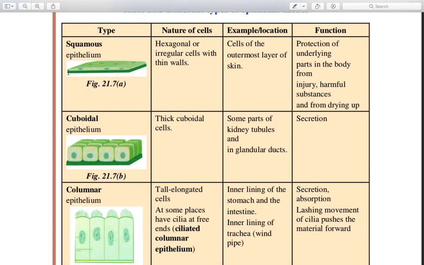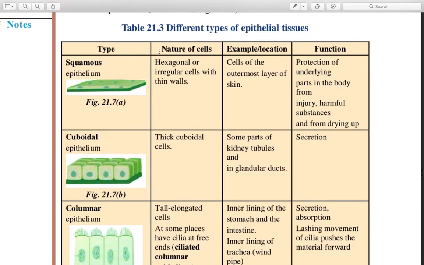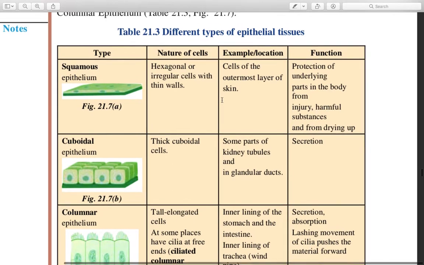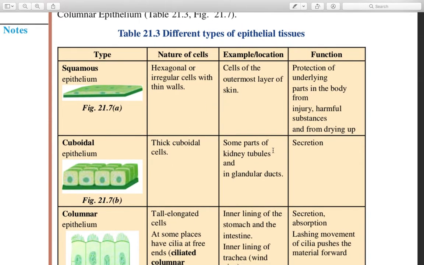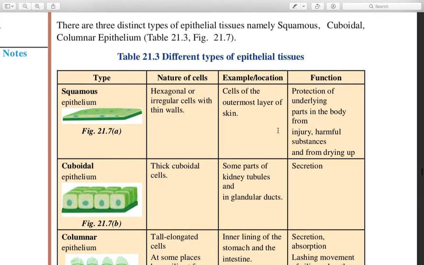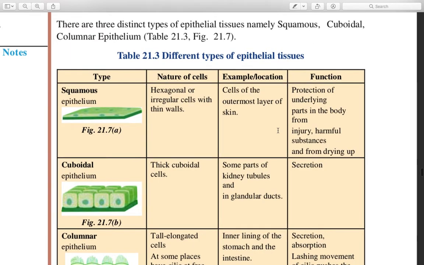Squamous epithelium, it is like this. The nature of these cells is that they are hexagonal. Hexagonal is a six-sided shape, okay, or they are irregular cells with thin walls. An example, for a location, is the cells of the outermost layer of skin. You have skin, and the outermost layer of the skin is where the cells are found. That tissue will be there.